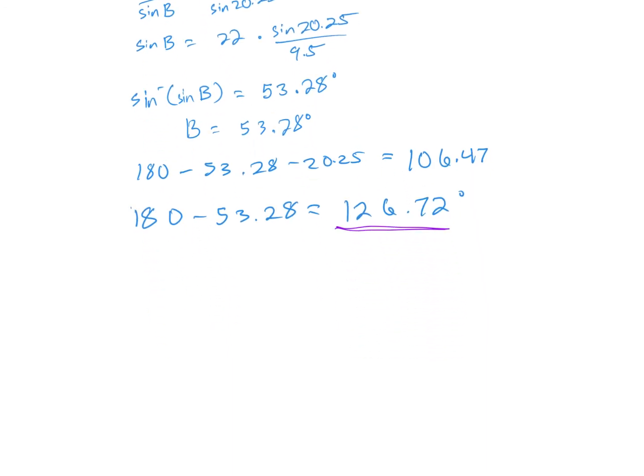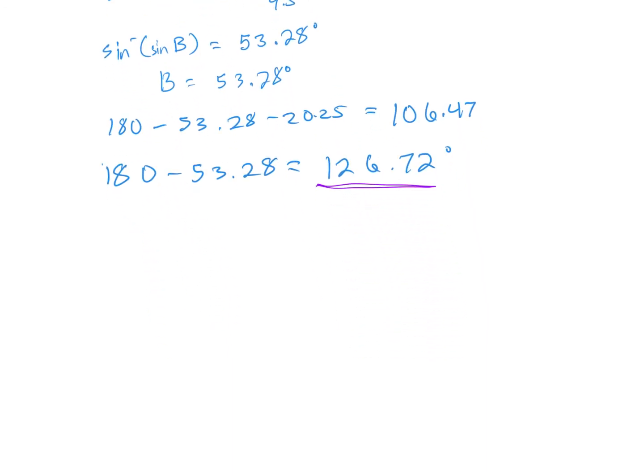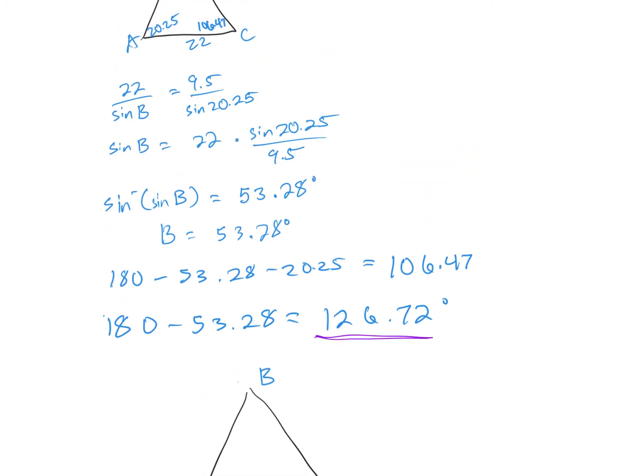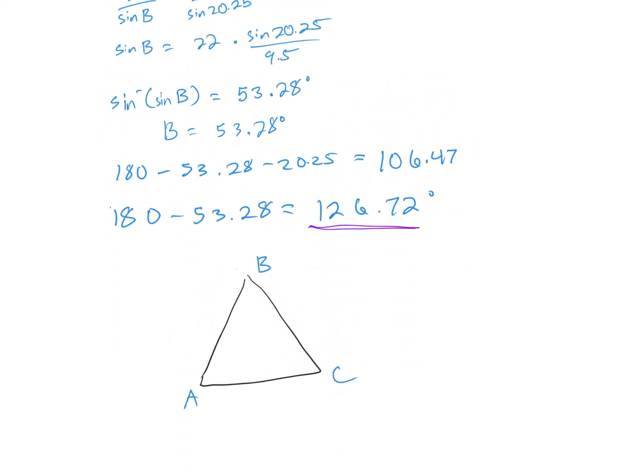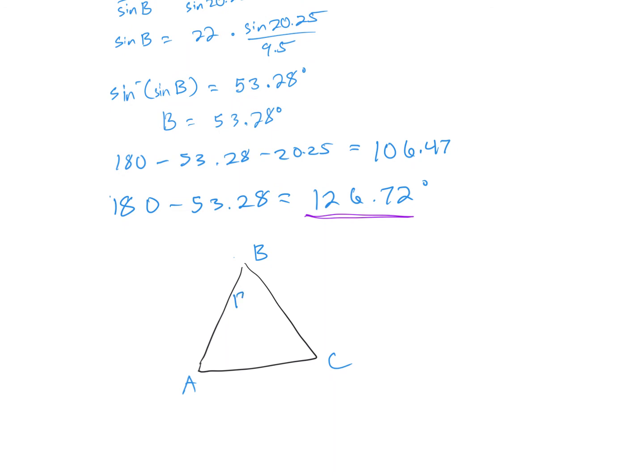So let me draw that triangle and what we have with that one. Let me try to replicate the first triangle a little bit. We got A, B, and C. And I have this one being 126.72. A will always be the same. This is 20.25.